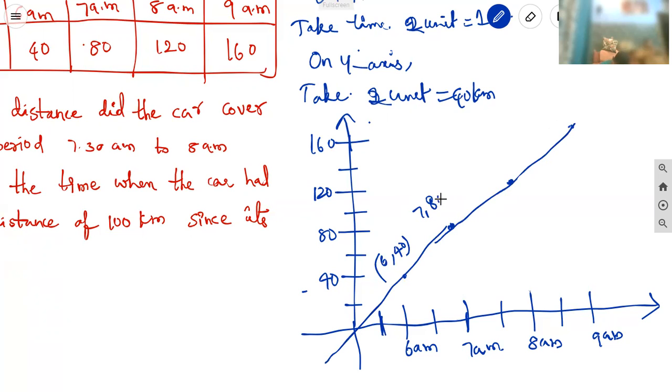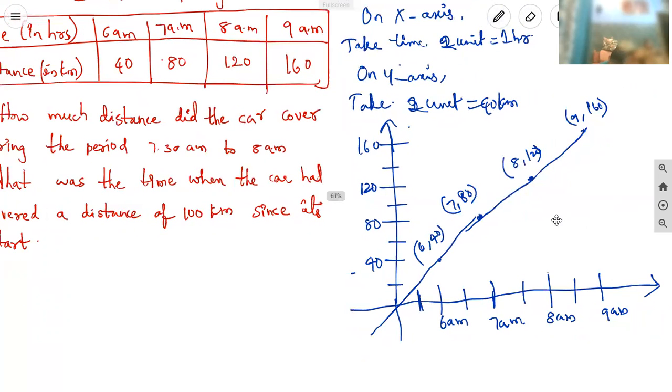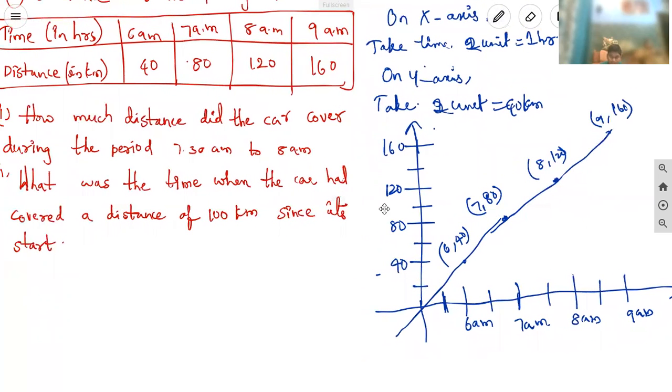What is the question here? How much distance did the car cover during the period 7:30 a.m. to 8 a.m.? 7:30 a.m. to 8 a.m. means it is 100 to 120.